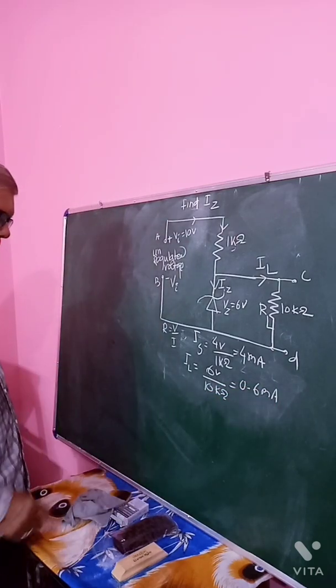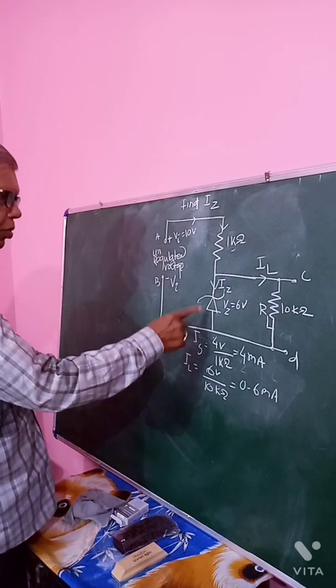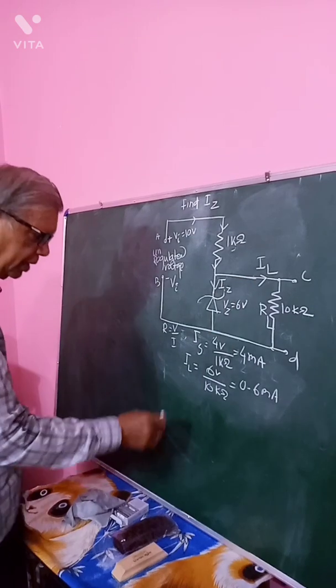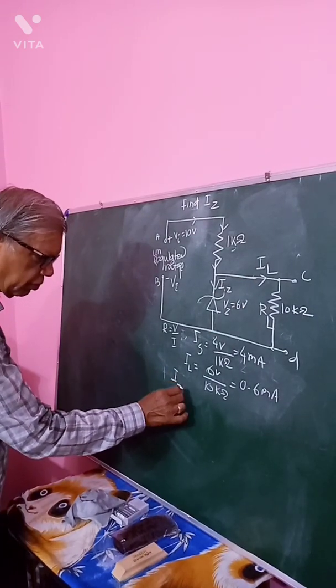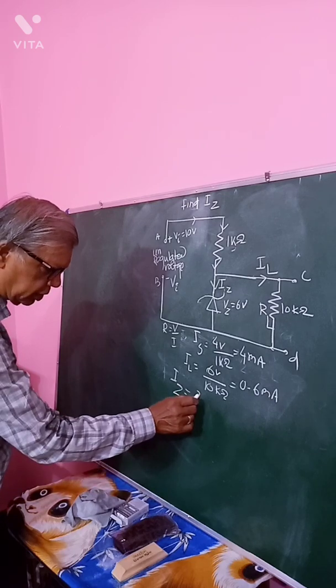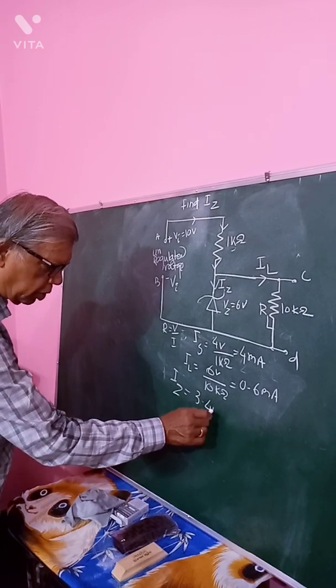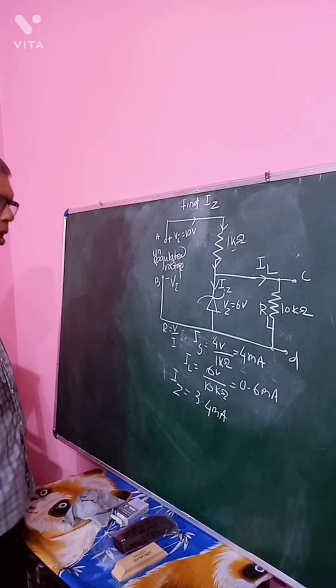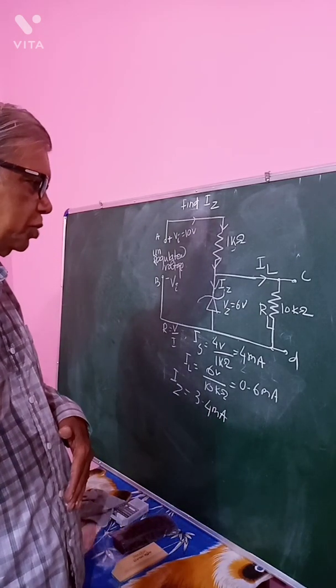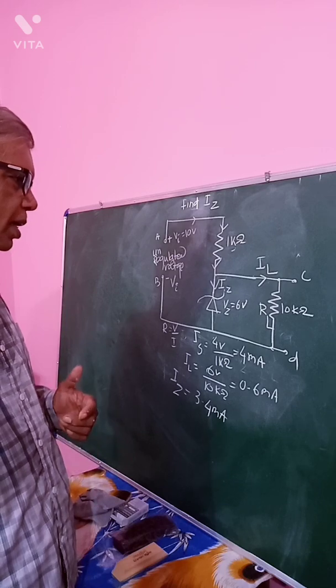So Is equals Iz plus IL, and Iz equals 4 minus 0.6, which is 3.4 milliampere.